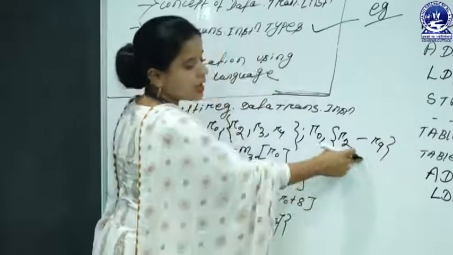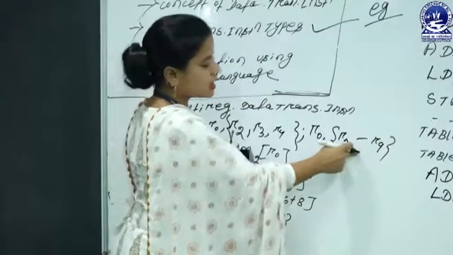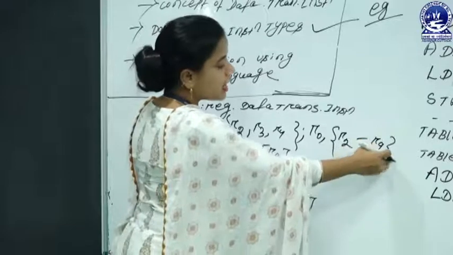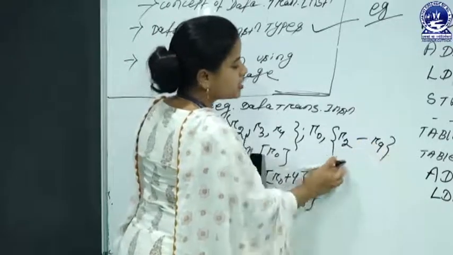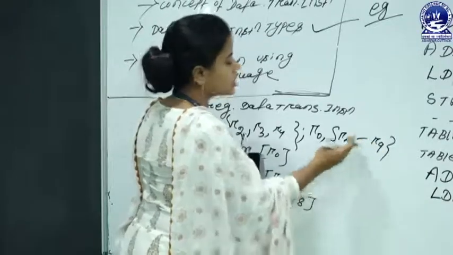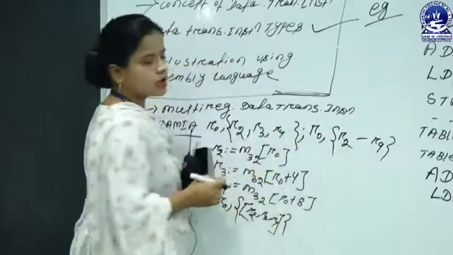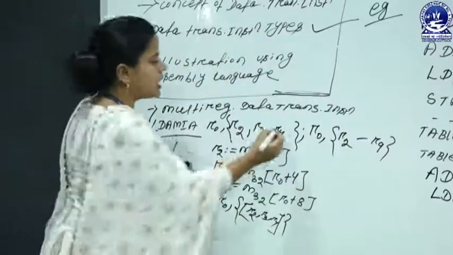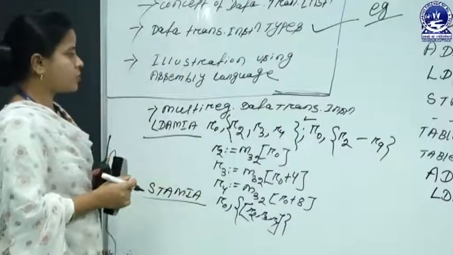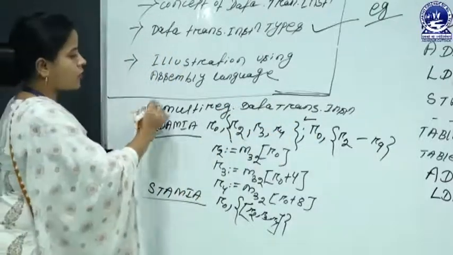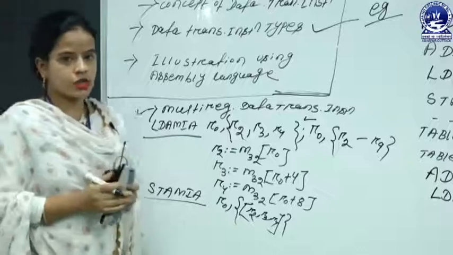That means it contains the registers R2, R3, R4, R5, R6 and so on up to R9. That means all the registers are continuously offloaded into the R0 locations. So here it uses the stack concept. Okay, so this is all about multi-register data transfer instructions.